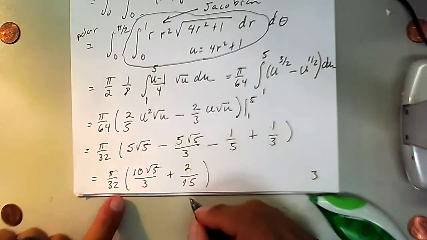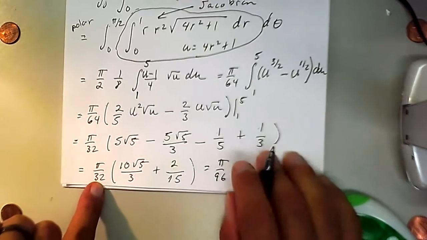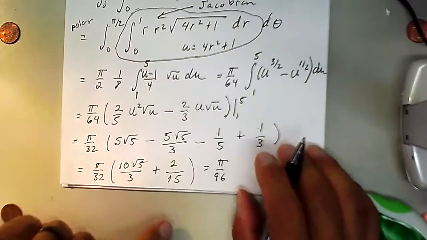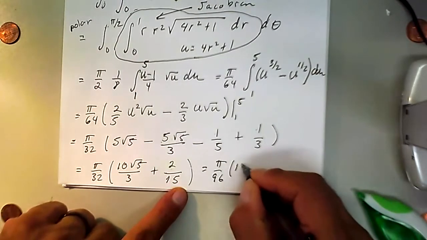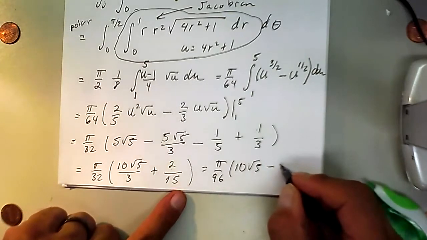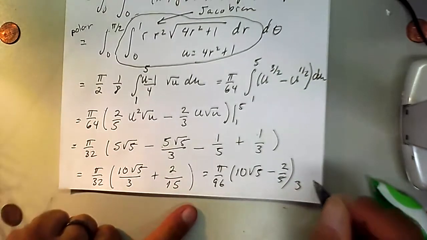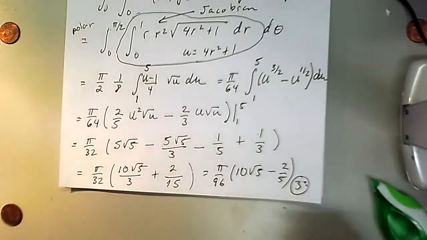We can factor the 3. So that will be pi over 96. And then 10 root 5 minus 2/5. That's just the page number. That has nothing to do with the problem.